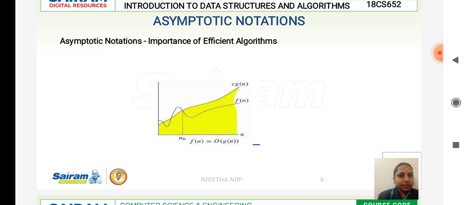But see the graph: it falls above f of n, that is, the computation time g of n lies above the function f of n. What it means is that it is not able to produce the output within the desired time and within the memory that has been allocated for it. This is the asymptotic notation, the first case.